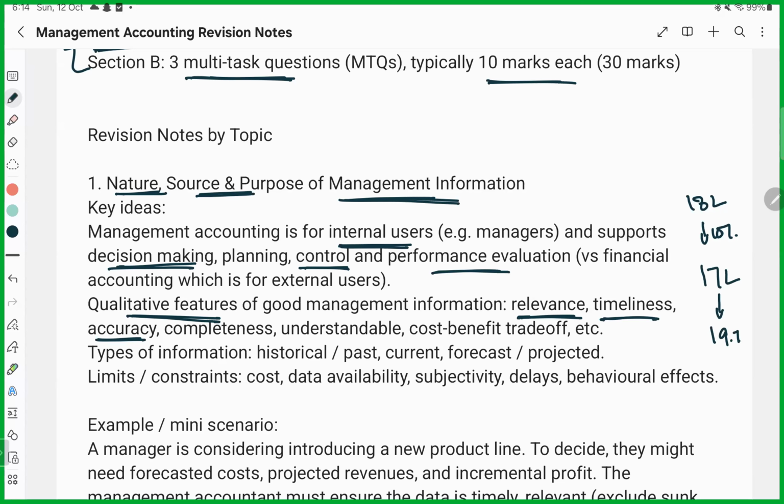Which is a wrong budget for me because I don't have the accurate information available with me. The actual figure was 18 lakhs, but since the accurate information was not available to me, what I had was 17 lakhs, and I was under-forecasting myself, thinking I'll be able to achieve just 18.7 where I could have achieved at least 20 lakh rupees.